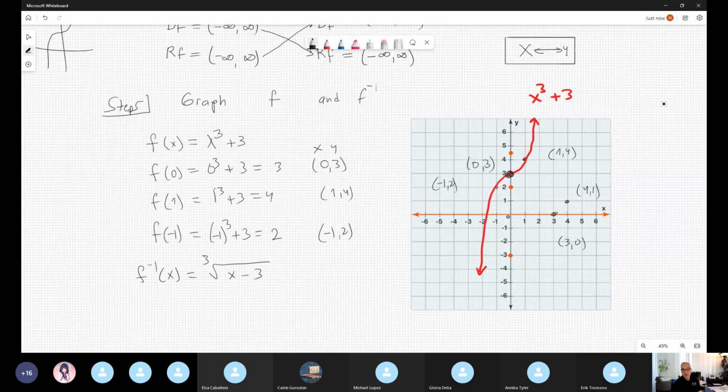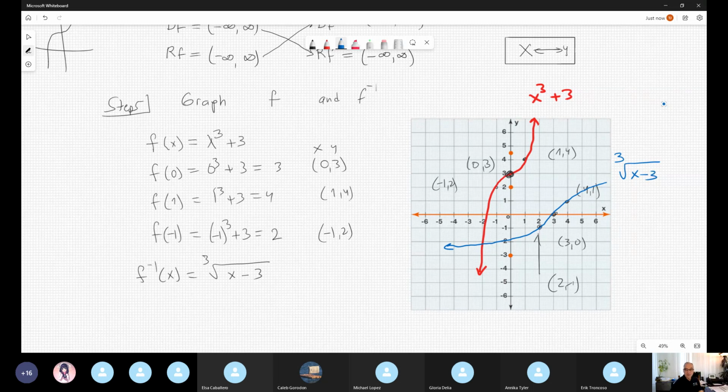And this point negative 1,2 is 2, negative 1. And the graph of the inverse function looks like that approximately. You know, this is the graph of the cubic root of x minus 3.